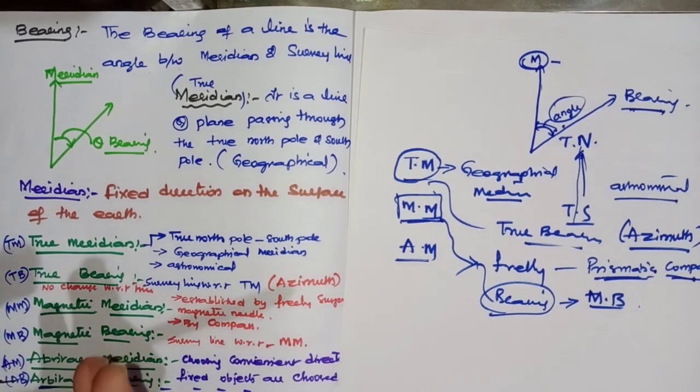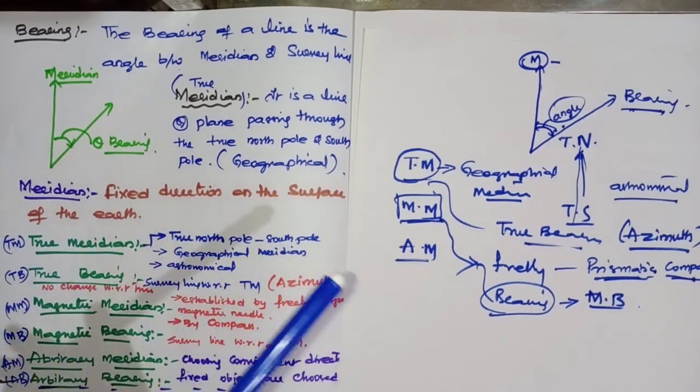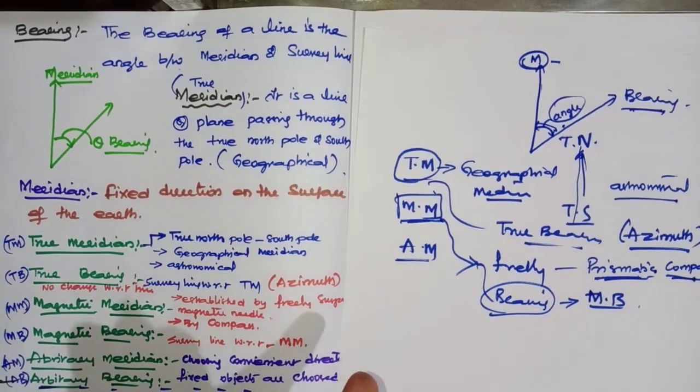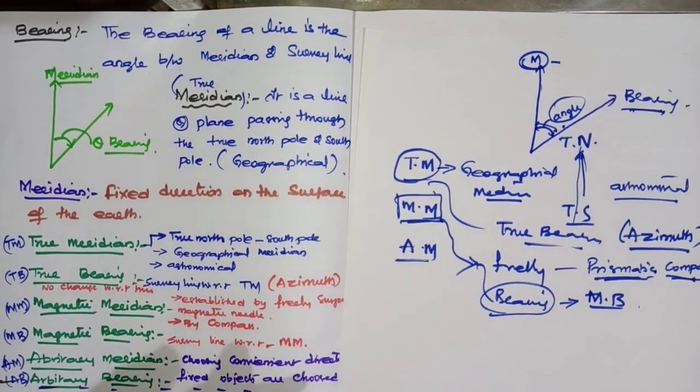That is called the arbitrary meridian. Generally in the construction of our houses and buildings, if you want to fix any corner, you take the reference of another corner. That corner which you have taken as a reference is the arbitrary meridian, and the bearing made with respect to it is called the arbitrary bearing.